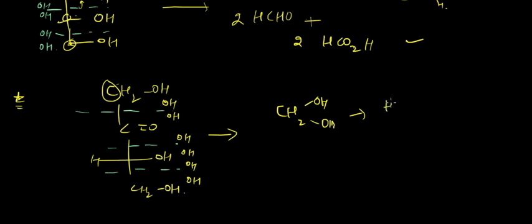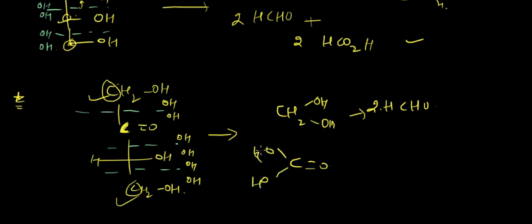It would result in HCHO formation. Similarly for this carbon atom it will be the same, hence I am just writing 2 moles of HCHO. At this carbon atom we already have C double bond O, and we will be having 2 OH attached here. So in this case obviously CO2 gas would be evolved with dehydration taking place here.